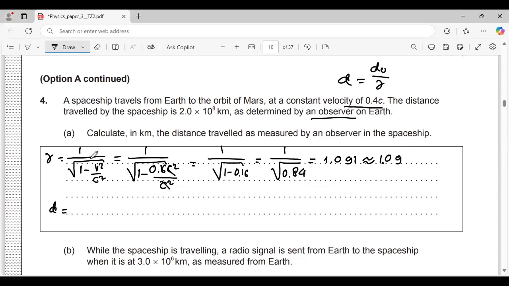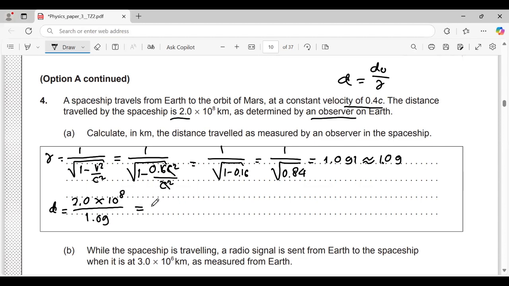Now, substitute this result, gamma, into this equation. So d, or distance, equals d0, which is the distance traveled by the spaceship, 2.0 times 10 power 8 kilometers over this number, 1.09.